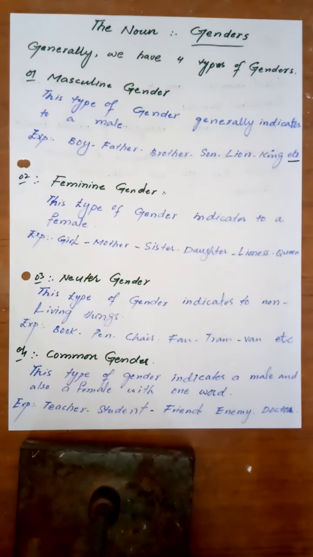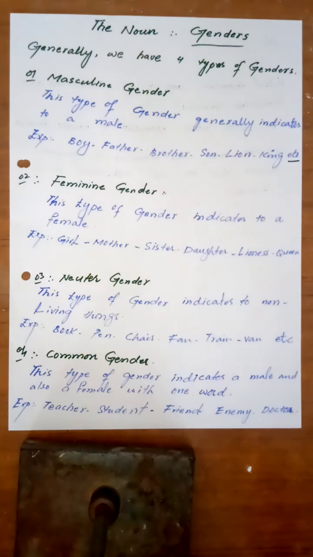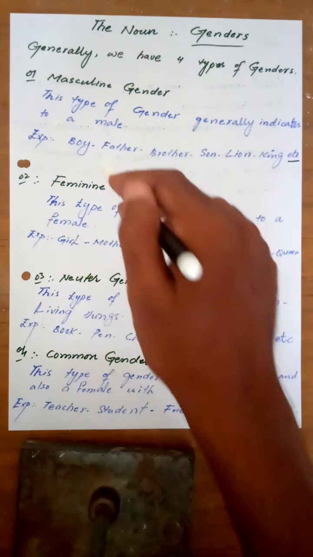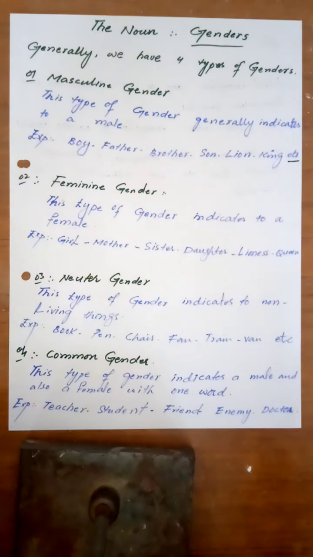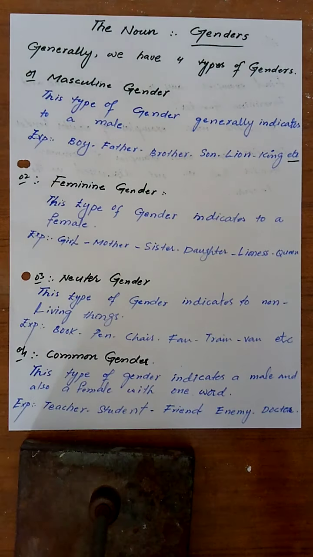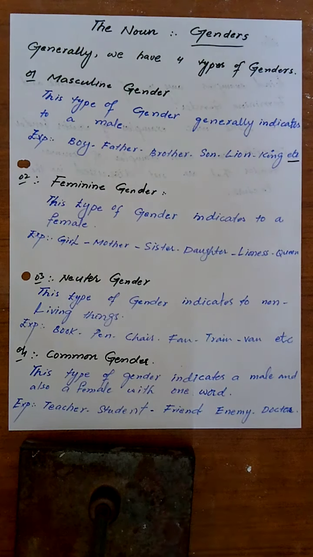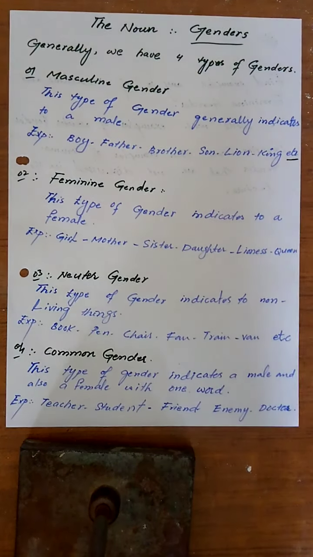Basically or generally there are 4 types of genders. Number 1, masculine, that defines or indicates a male person. Examples are also written and I have told you. Number 2, feminine gender, such gender that indicates a female can be called feminine gender, and examples have been given to you.